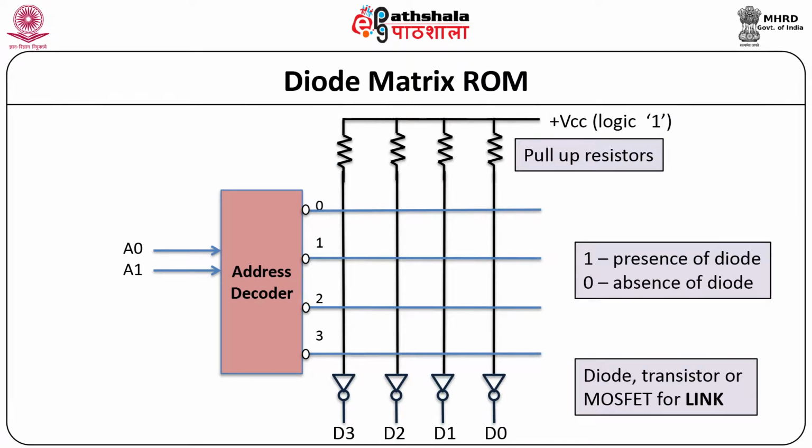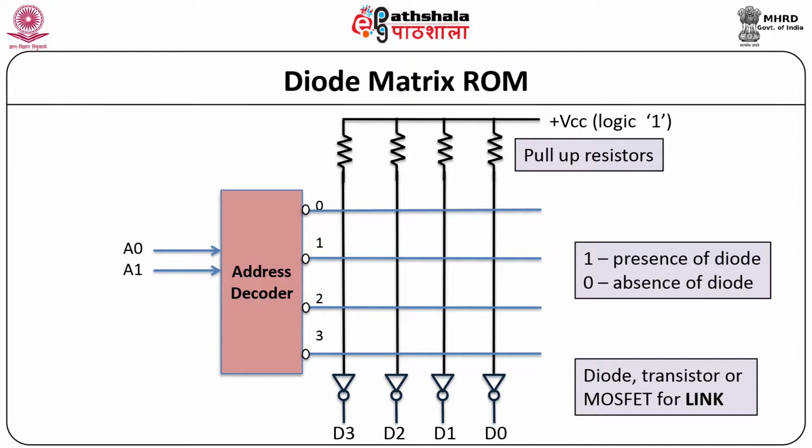Let us now discuss the diode matrix ROM. Diode matrix is formed to visualize the implementation of factory programmed ROM. ROM usually consists of an address decoder and a specific physical setup, a grid of wires used to implement read only memory.